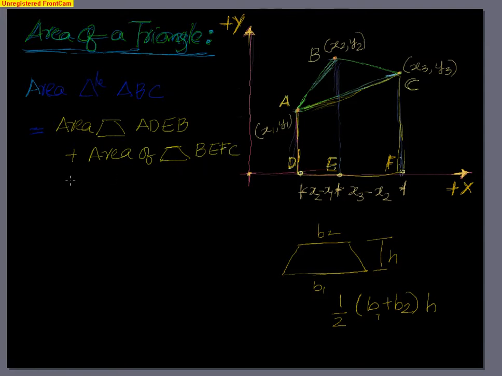Minus the area of this space, that is nothing but ADFC. Are you with me? I'll repeat that again. Just let me write this. I'll explain it to you again.